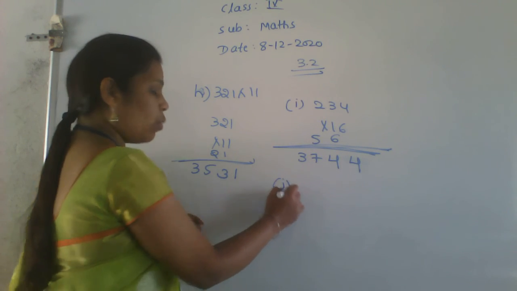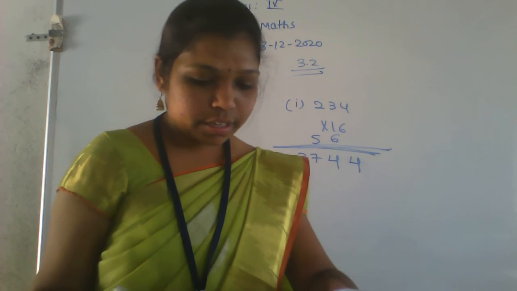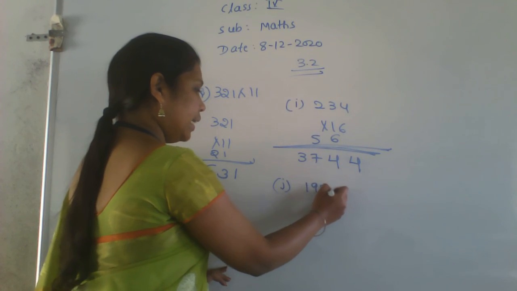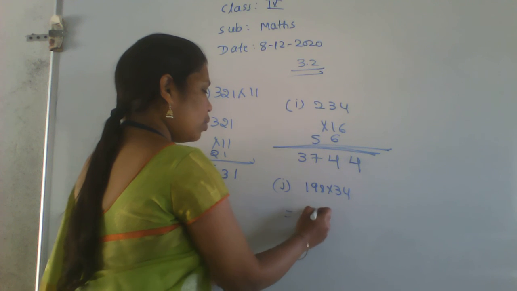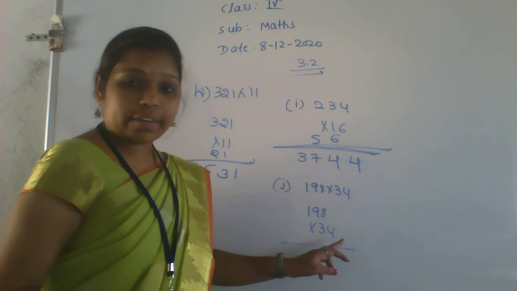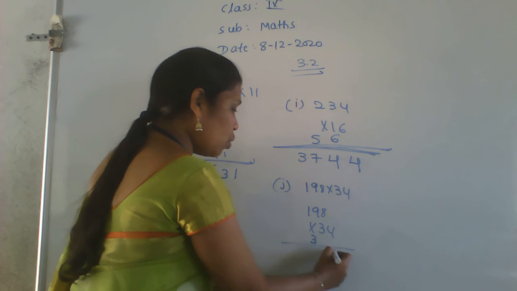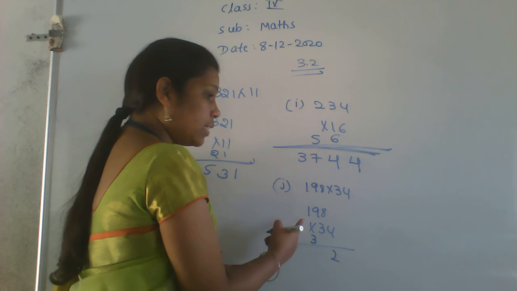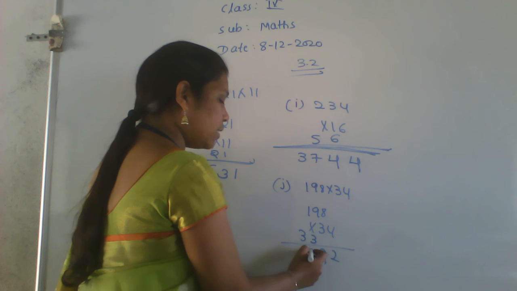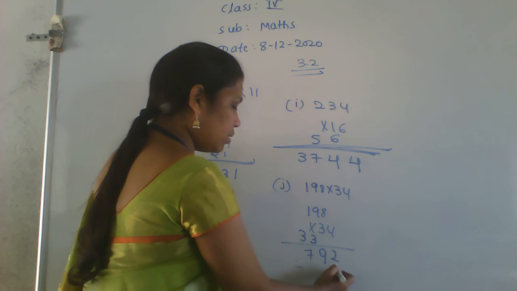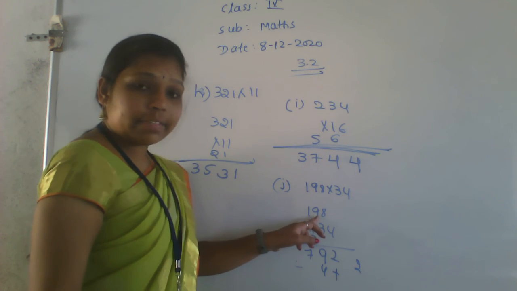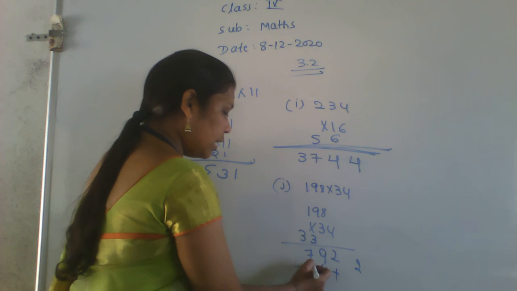Do the last problem, the J one. What is the J question they gave here? That is 198 into 34. So 198 into 34. Here 4 8s are 32. 4 9s are 36. 36 plus 3 is 39. 4 1s are 4. 4 plus 3 is 7. Now 3 8s are 24, 2 carry. 3 9s are 27. 27 plus 2 is 29.